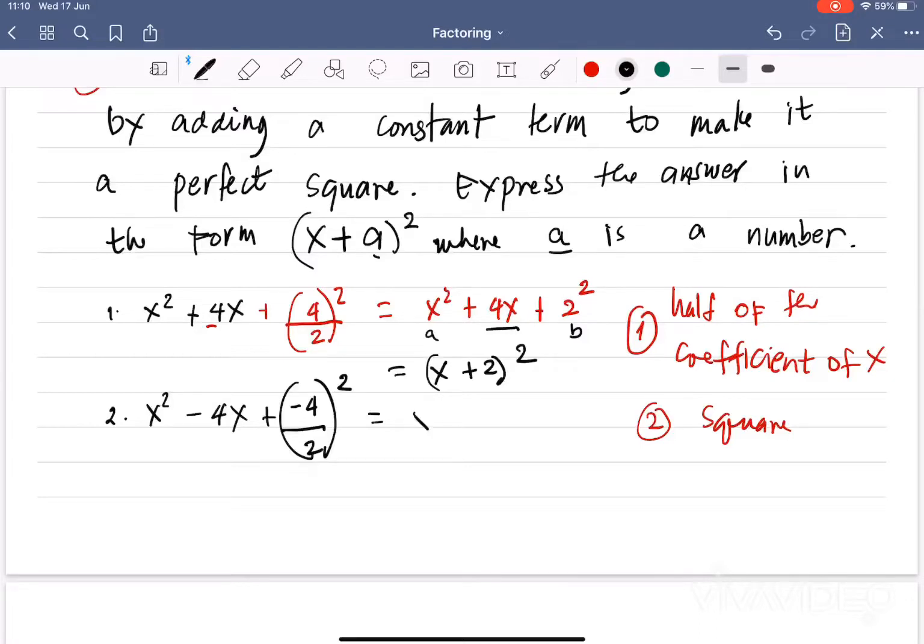So you will have now x squared minus 4x plus 2 squared, which is now equal to x squared minus 4x plus 4, or you can now write that one in the form x minus 2 quantity squared.